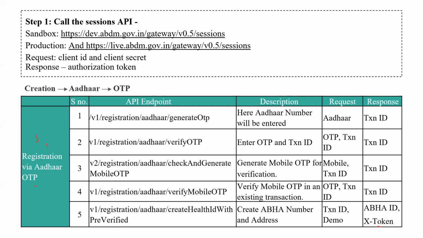But if you use this V2 API, it gives you an additional yes or no response, which tells you if the mobile number is linked with Aadhaar or not. If the mobile number is linked with Aadhaar, then you can skip the mobile OTP. That saves you a step, and your customers are also saved one additional OTP step. So it's a user convenience, right? Yes.